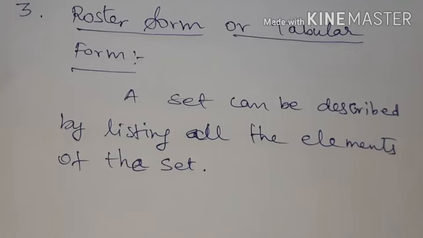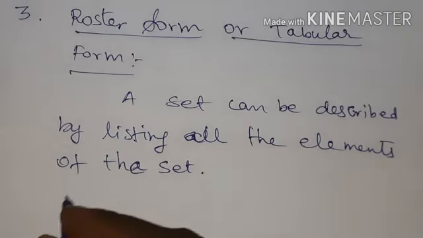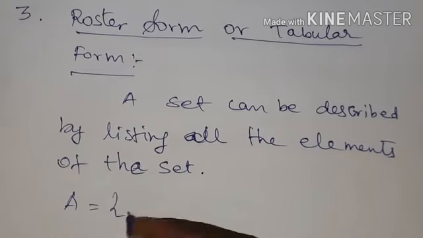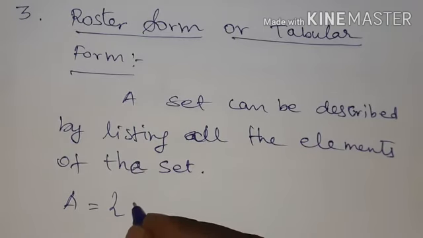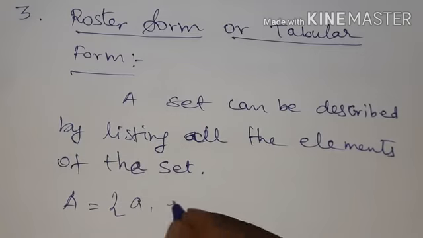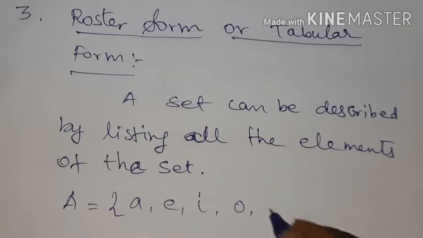This descriptive form is changed to roster form. Set A is equal to the set of vowels, written in roster form: A, E, I, O, U.